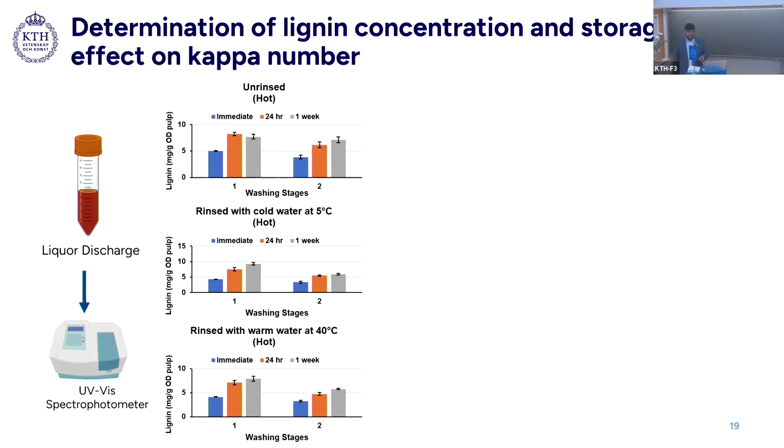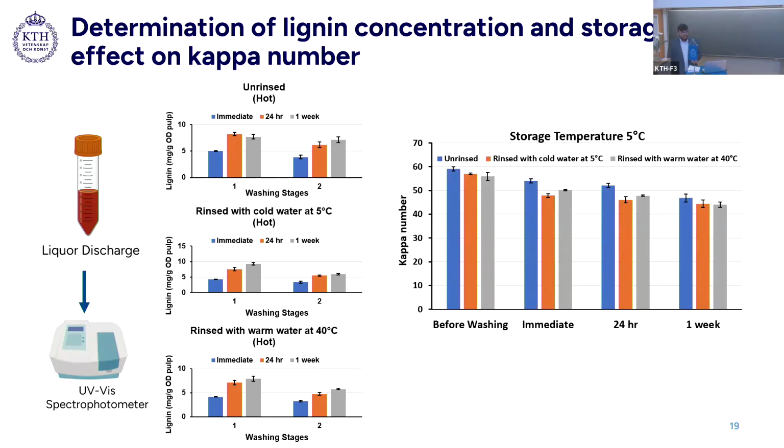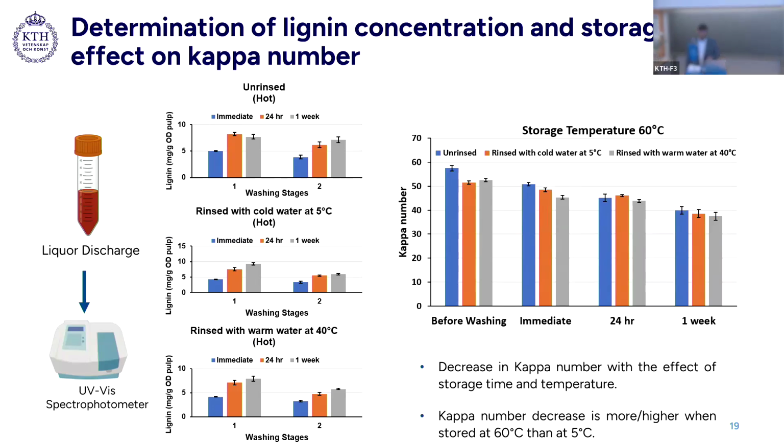And the effects were confirmed when we look into the effects on kappa number, where for the storage temperature at 5 degrees Celsius, it was limited. Whereas when we stored the pulp at 60 degrees Celsius, the kappa number decrease was larger, which confirms the effects of storage time and temperature on kappa number.